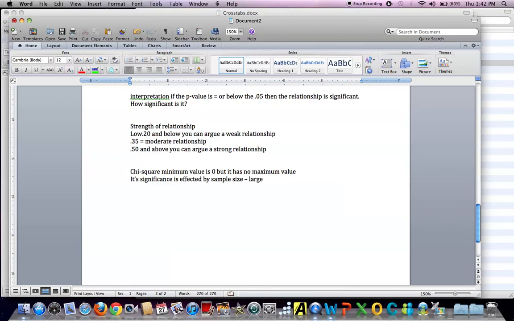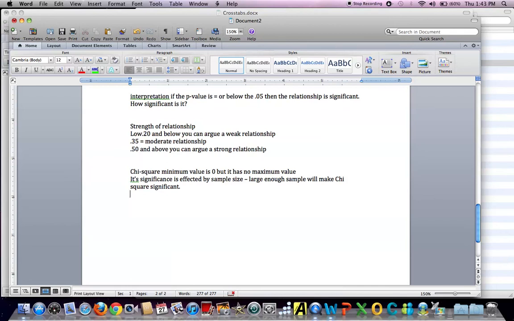A large enough sample will make chi-square significant. Because of that, if your sample statistic is not significant and chi-square is, you still would not assume that that relationship exists, because your sample statistic is not affected by sample size, but chi-square is.